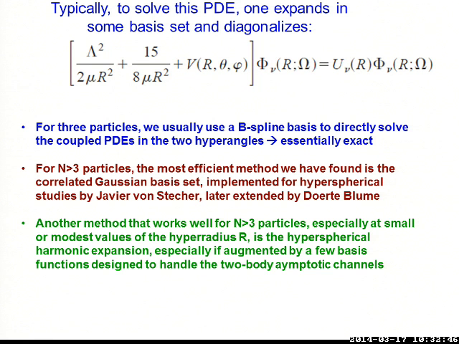This technology is quite well advanced, and it grew out of Brett Esry's work when he was in my group. And for more than 3 particles, the most efficient method we've found so far is the correlated Gaussian basis set, where the Gaussians depend on the interparticle distances.